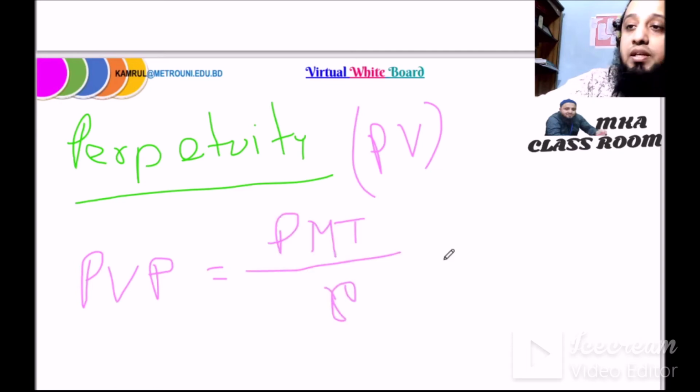Perpetuity can be illustrated by British securities that were issued after the Napoleonic Wars.